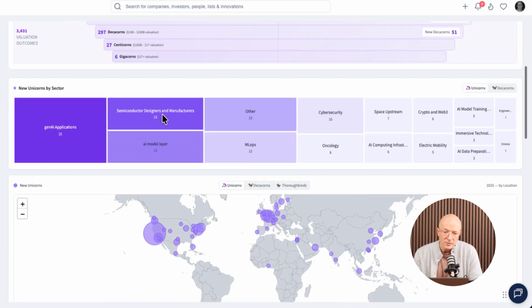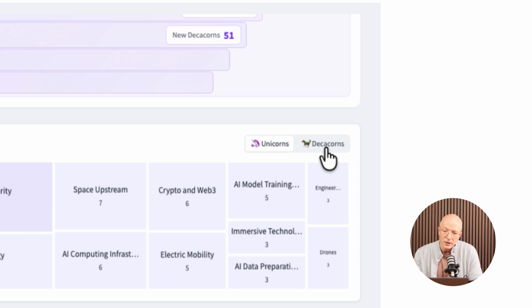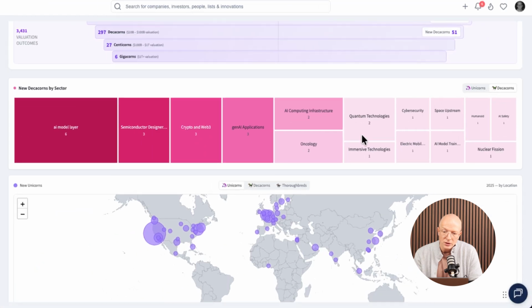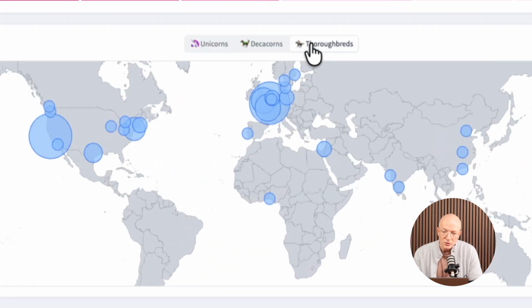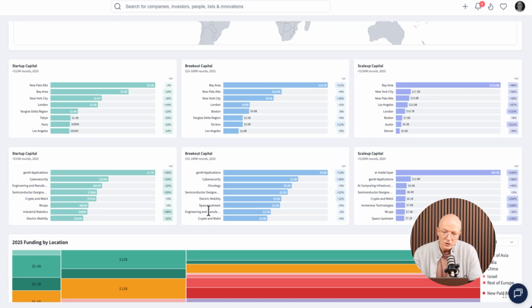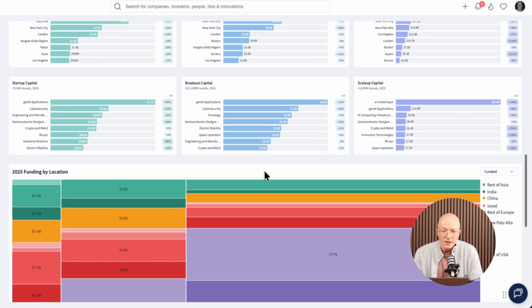And here you can see in which sectors those new unicorns came. You can also switch to decacorn. Here there's a map where you can also see where the new thoroughbreds were created. So this overview gives you a snapshot that you can also see for any individual location or sector.